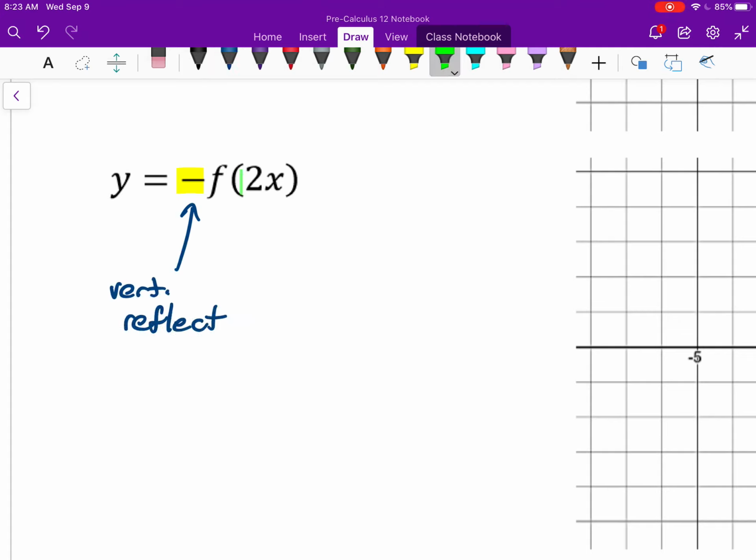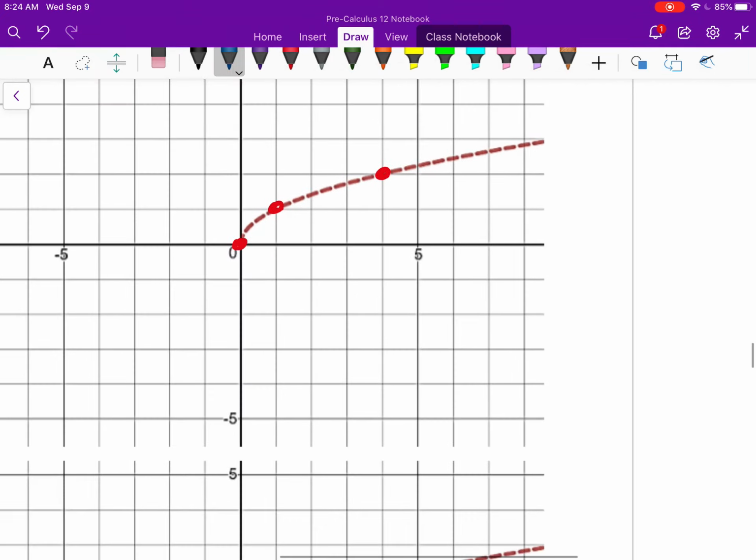And just the 2 is a horizontal compression by a scale factor of not 2, the reciprocal of 2, of 1/2. So again, I'll do this in order from left to right, although it doesn't really matter. So the vertical reflection, I think, is the easiest part. So I'm going to take those 3 points, I'm going to reflect them vertically. They now are here. OK, that's just the vertical reflection.